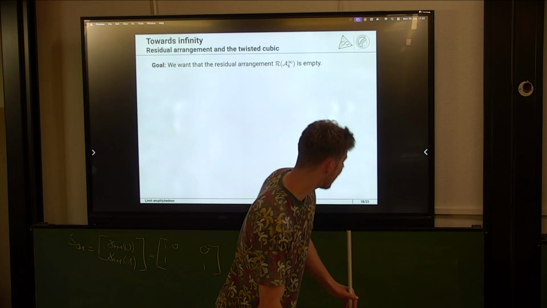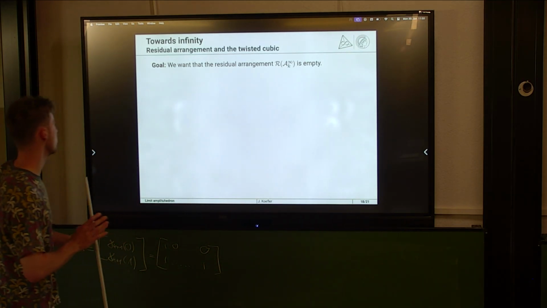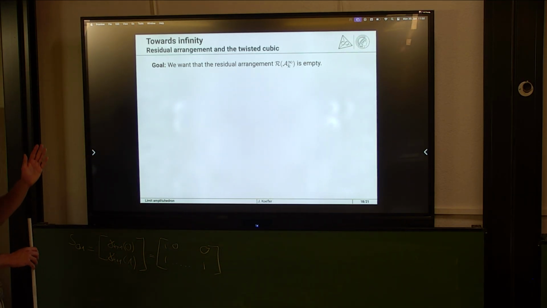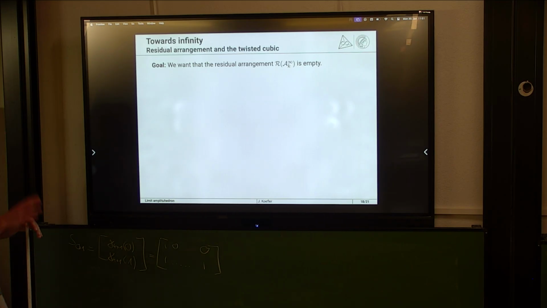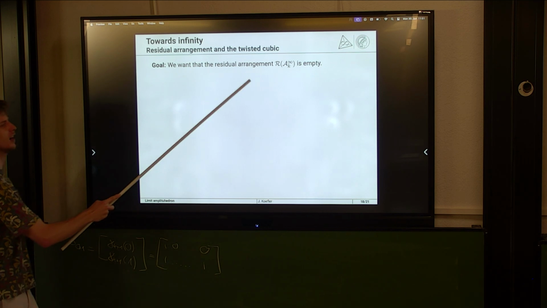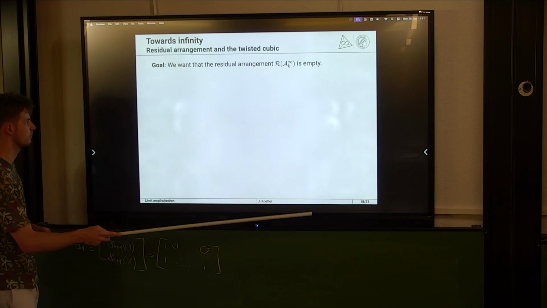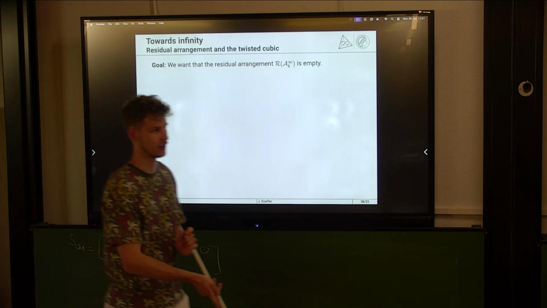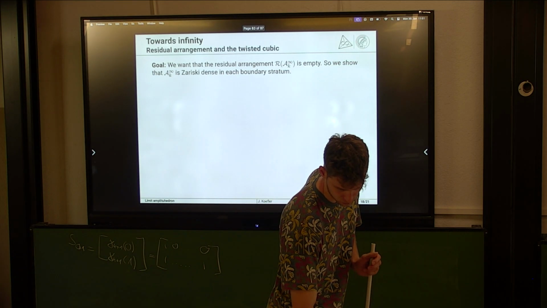And now the only thing that really needs to be proven is this: we found that for the pizza, the residual arrangement is empty, and for these more fancy reasons, we also know that the adjoint should be a polynomial of degree 0. So we really would like the residual arrangement to be empty. And this is our goal, and I can convince you that this is also not too bad.